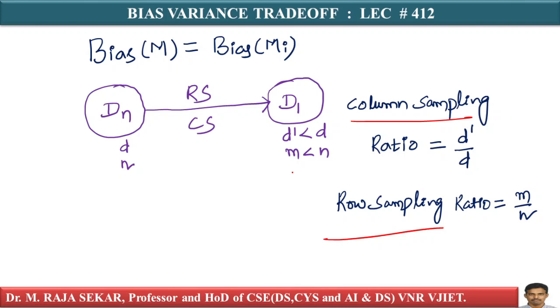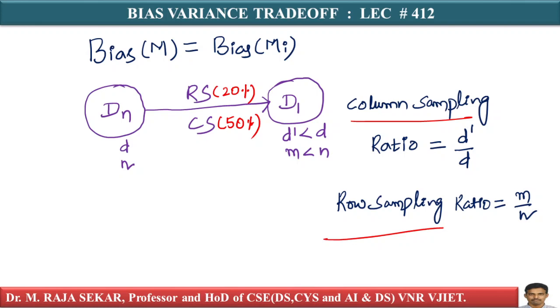Basically, it says what percentage of points you are sampling. If you say only 20% of points for row sampling, or you keep 50% of columns for column sampling, to train a model.